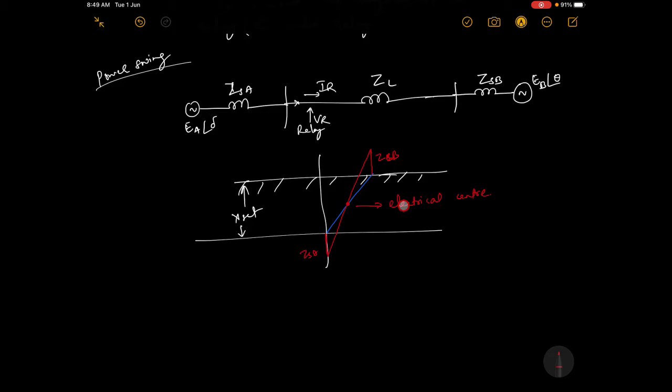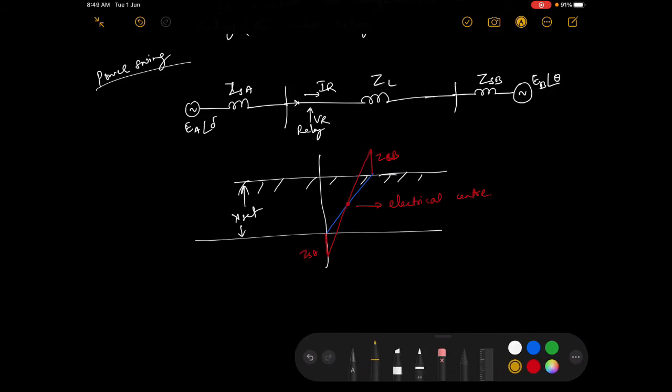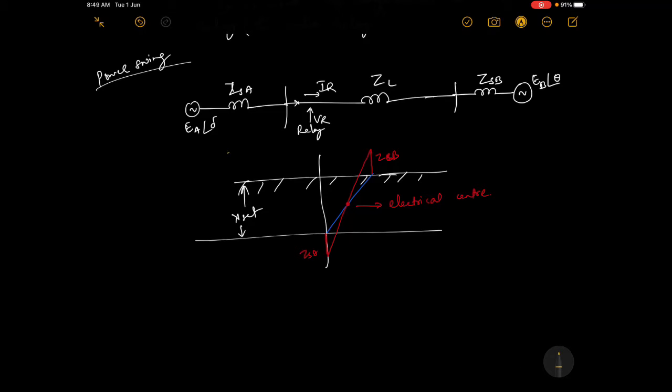Now what is the power swing? Power swing is the locus of, so this is the line of locus of power swing.